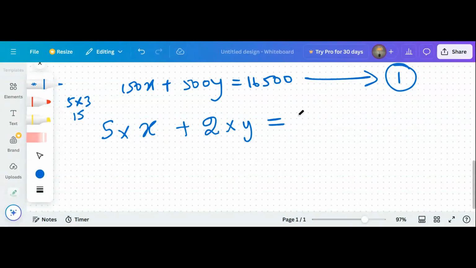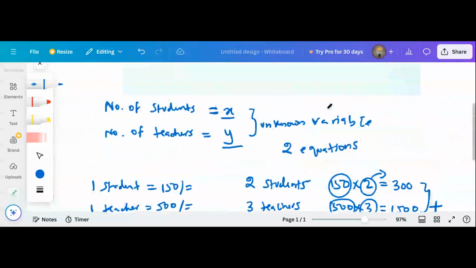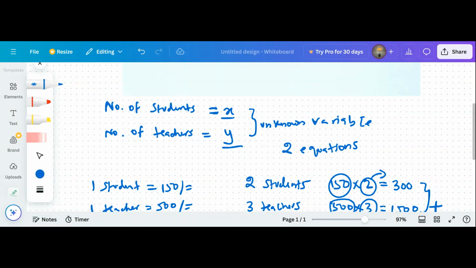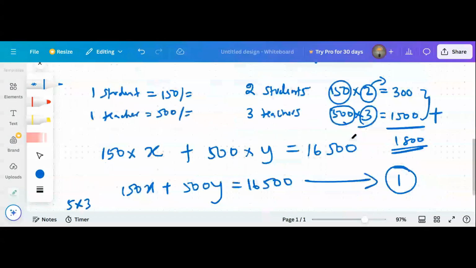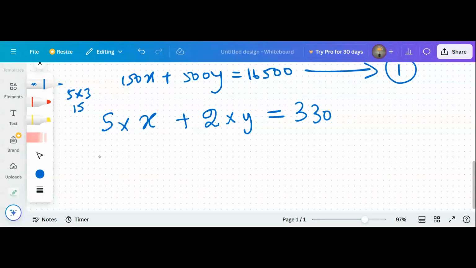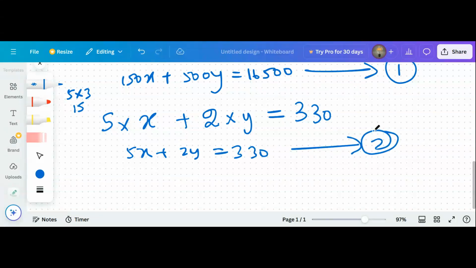This is equal to how many total plants? 330. The question itself, they have given 330 saplings. Sapling means plant. Okay. So 5x plus 2y is equal to 330. This is equation number 2.